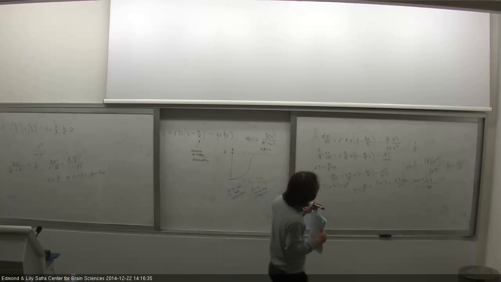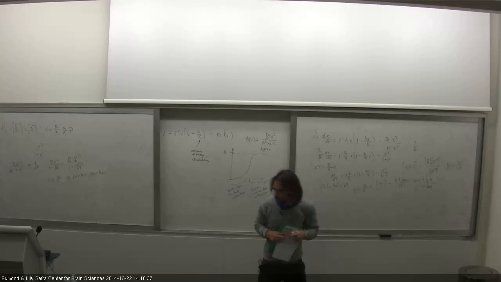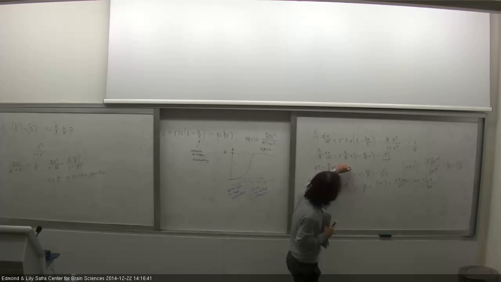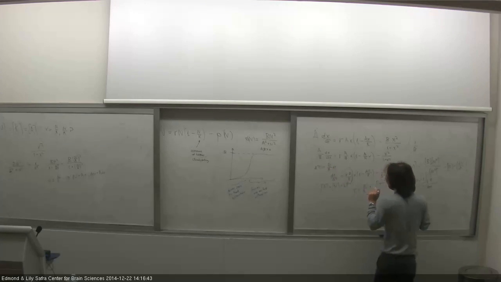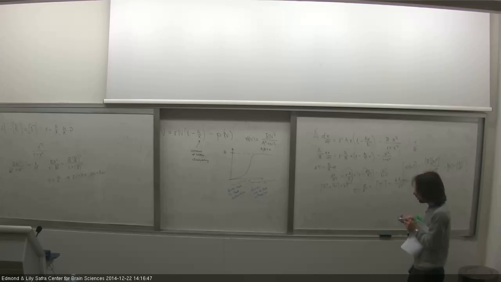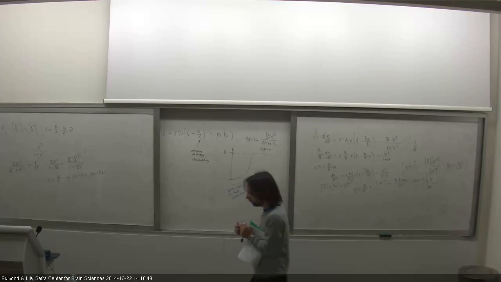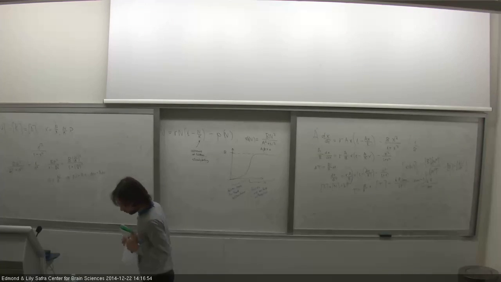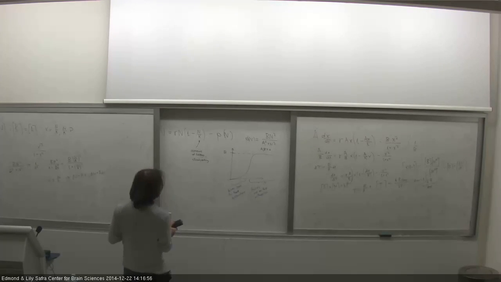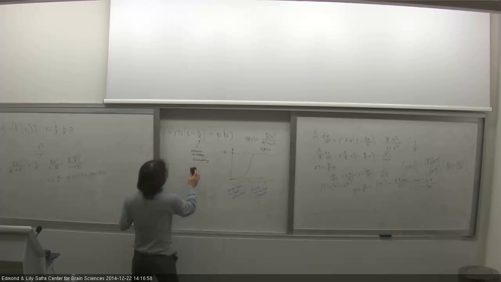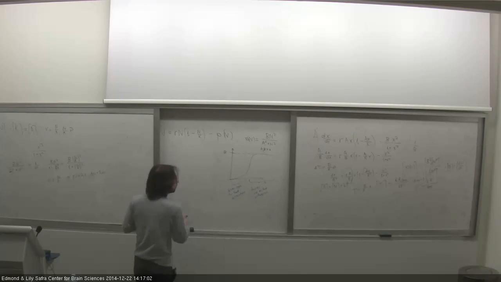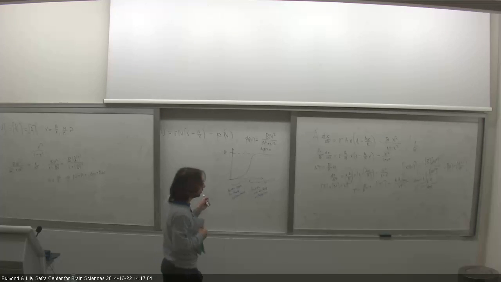Now, as for the parameters that I'm left with, I'm left with this and this. I would like to rewrite the equation while defining new parameters.